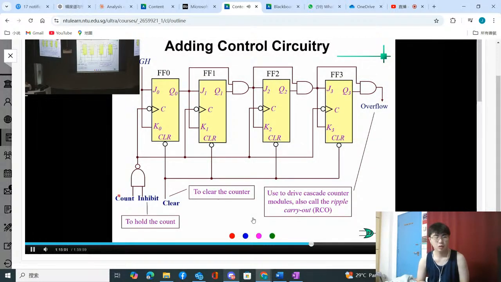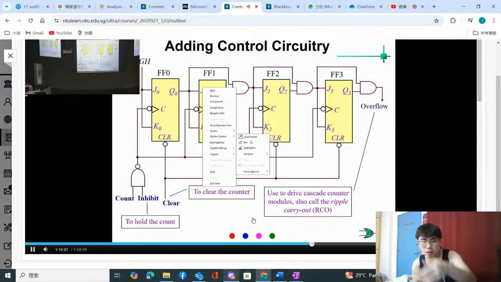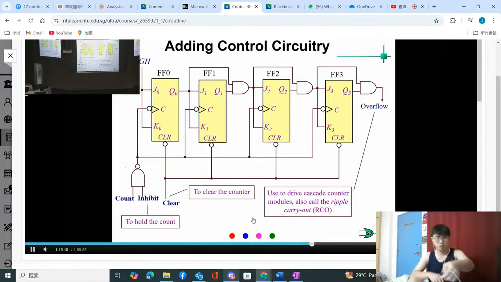And here we call it the clock gater. Clock gater means that it gates the clock. Imagine the clock signal is coming in in order to create a counting sequence.